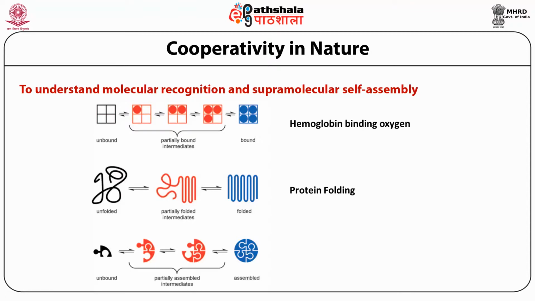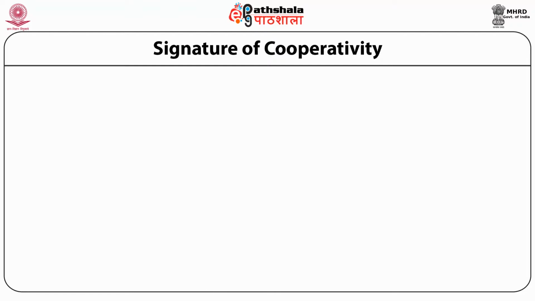Also, we can have supramolecular self-assembly where cooperativity is quite prevalent, where you may have an unbound state and an assembled state where all the ligand and receptor are bound to each other, but it may go through some partially assembled intermediate. So what is the signature of cooperativity?